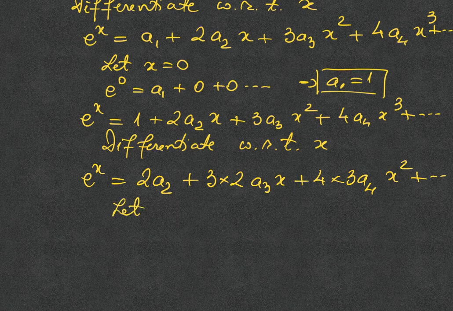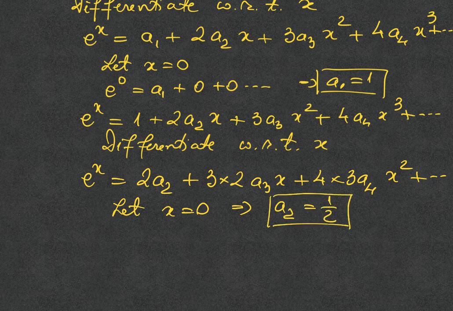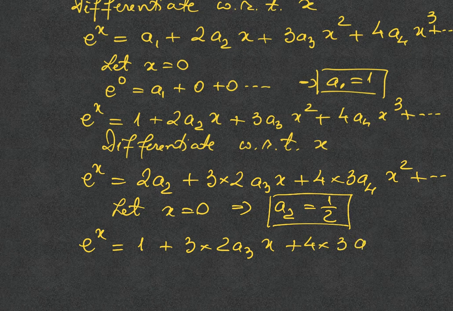And let again x equal 0. So we're going to find that a2 is 1 over 2. Wow, that becomes interesting. So e to the power of x is 1 over 2 times a2 plus 3 times 2a3x plus 4 times 3a4x squared and so on.